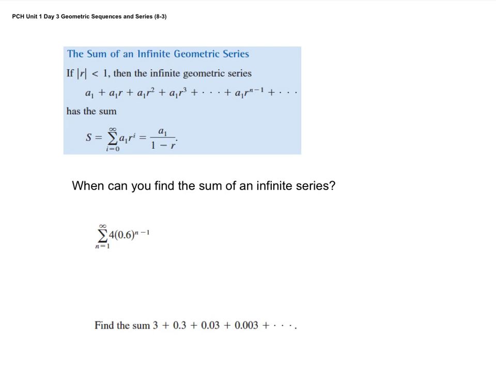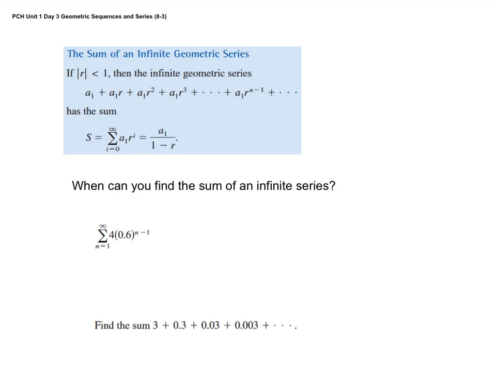A geometric sequence and series is a little bit different. There actually is a formula, you'll notice here, for the sum of an infinite geometric series. And you'll notice it's actually the same formula we just had, except we get rid of the 1 minus r to the n part.